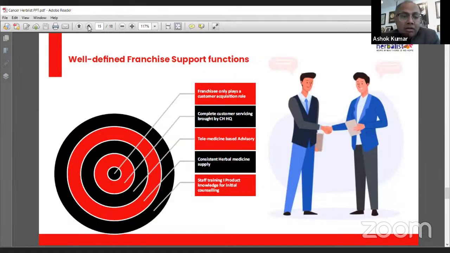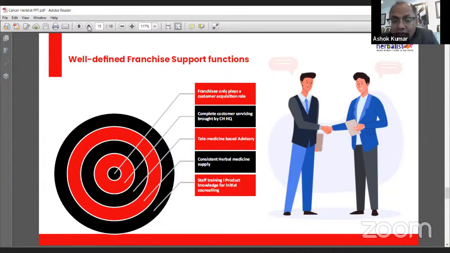What kind of support will my franchisee get from the Cancer Herbalist team? The franchisee's role is to set up the clinic. The franchisee has to pay all the operating expenses of the clinic and has to acquire customers or patients. Patient treatment, consultation, and product sale are taken care of by Cancer Herbalist.